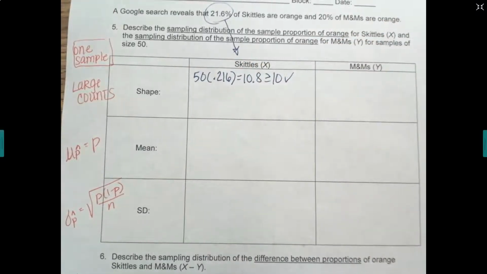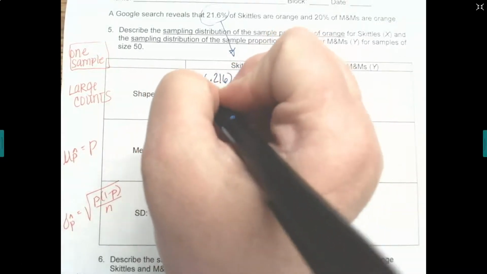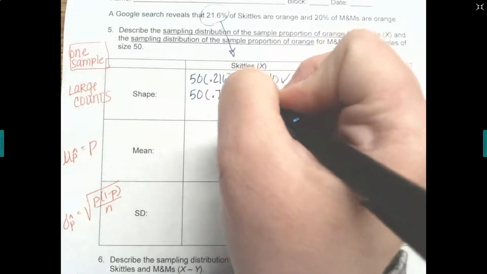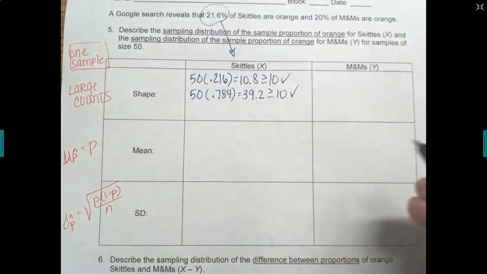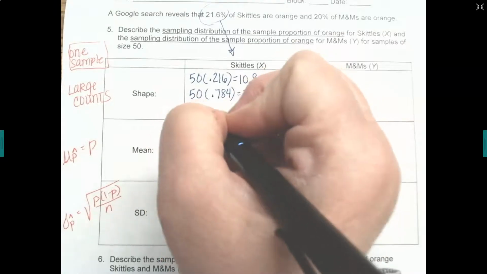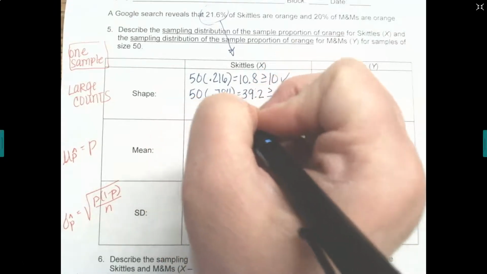So we're okay there. All right, and we're going to do 50 times 1 minus p, which is 0.784, and I got 39.2 there, which is also greater than or equal to 10. And what that means is because they're both at least 10, the shape is approximately normal.